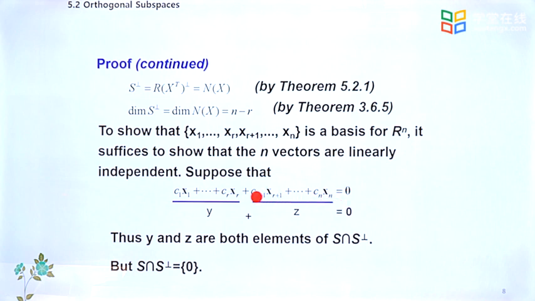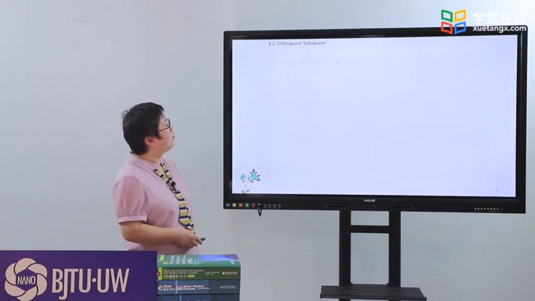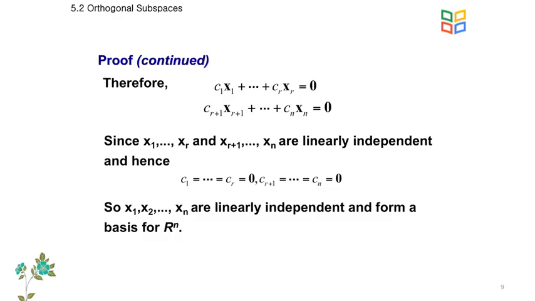So the coefficients cr plus 1 till cn cannot be other scalars, they must be zero. So this means x1 till xr, xr plus 1 till xn, the whole set, is linearly independent. So we know x1 till xn are linearly independent and form a basis for the whole space.